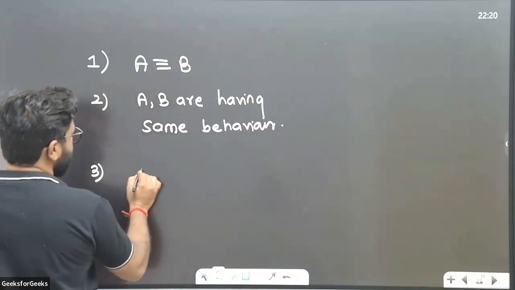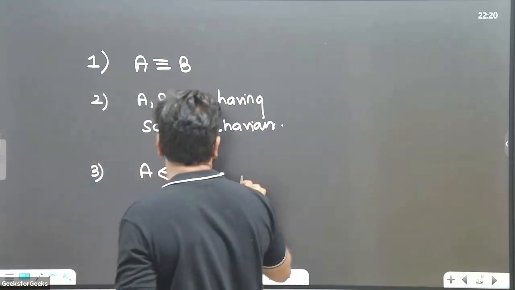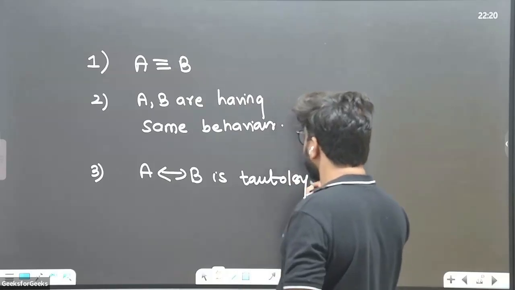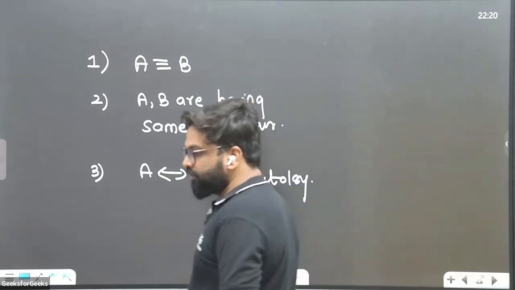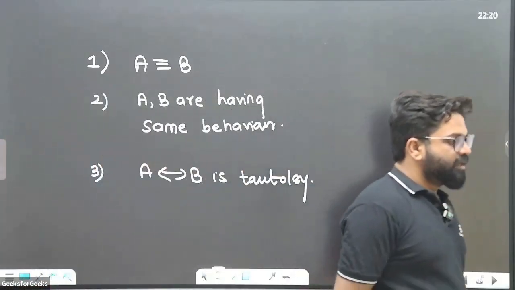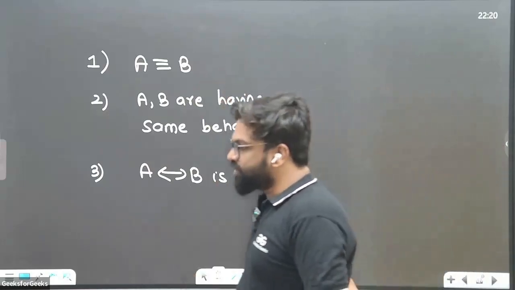Or the third one, A double implication B is a tautology. Can I say that all these three expressions are the same? The first expression is equivalent to the second, the second is the same as the third, and the third is the same as the first. These are all equivalent to each other.